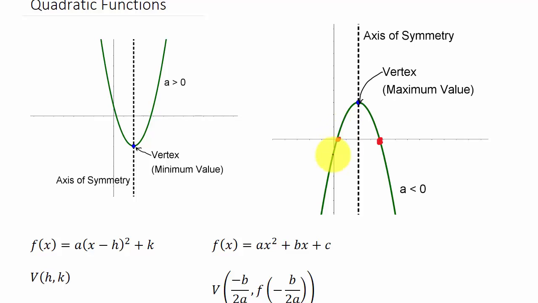And then this point here, where it crosses the y-axis, that's your y-intercept. And same thing here. You've got your x-intercepts, and then you've got your y-intercept. Alright, so let's go ahead and get started graphing these things.